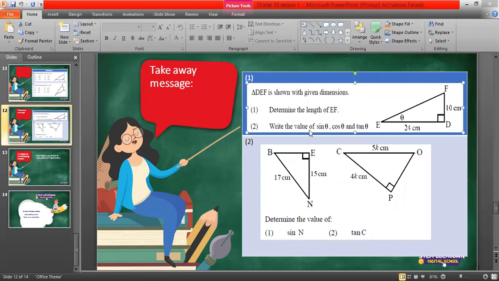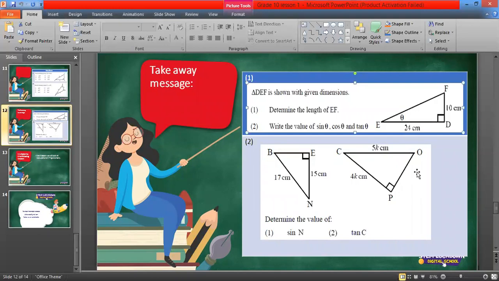Okay, so to find your third side, you say 17 squared minus 15 squared, and then you find the square root of your answer, and then you can find your sine n. Lastly, on this other one, we must find tan c.